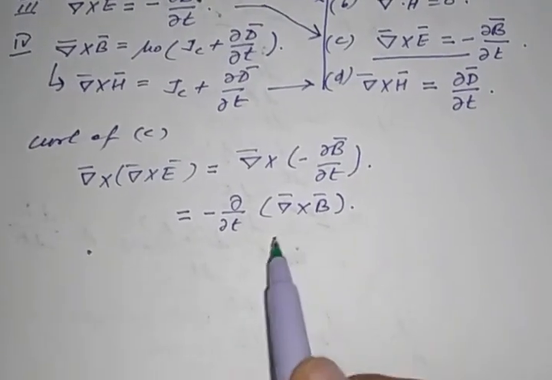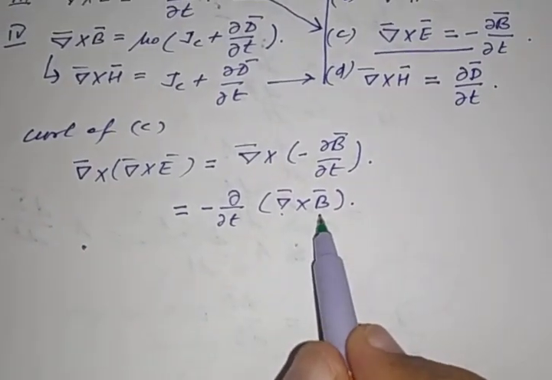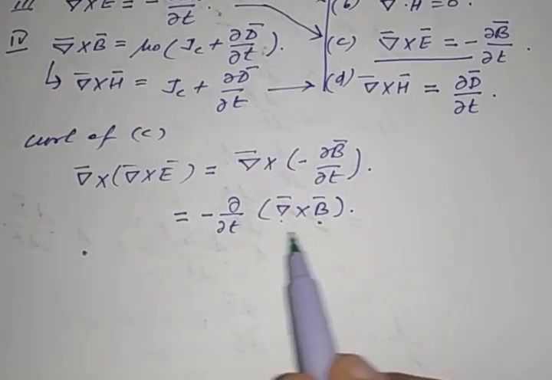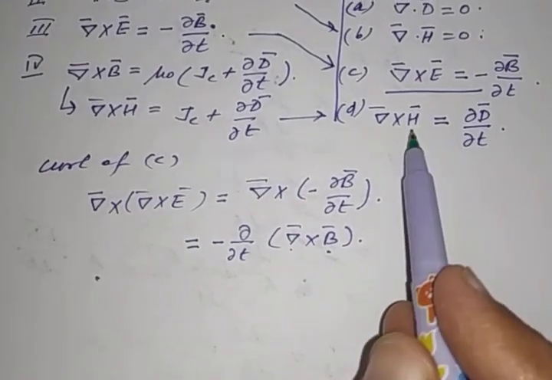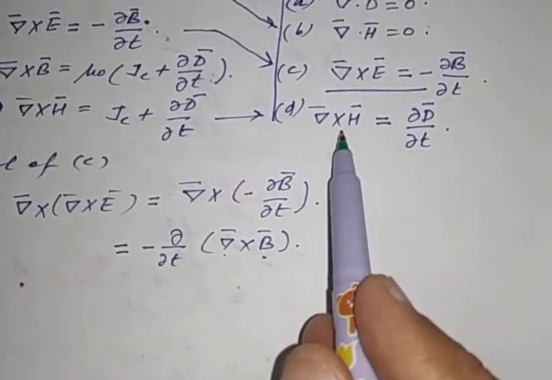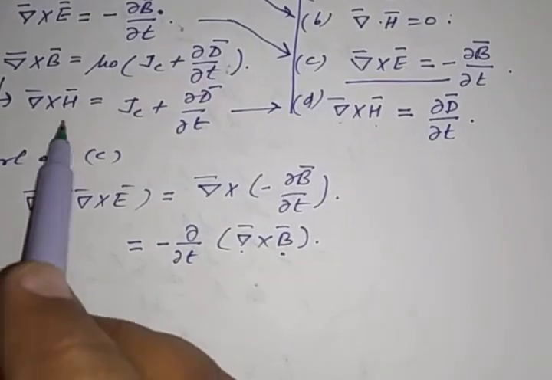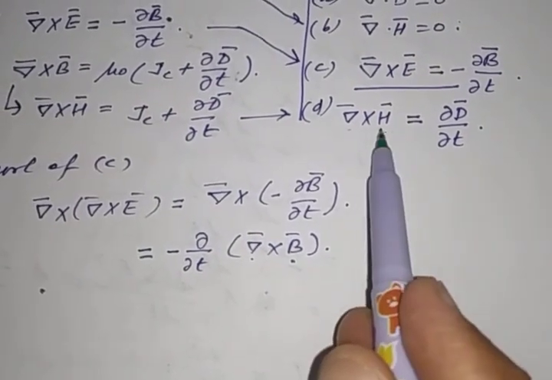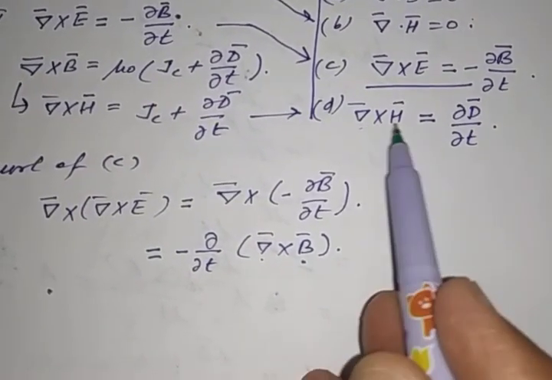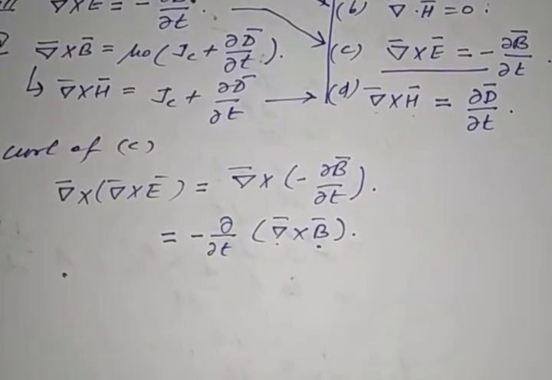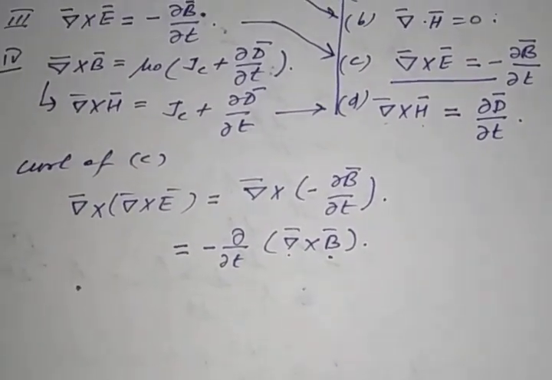This one. So we see that it's the curl of magnetic flux density B. And over here in the fourth equation, the D equation, we can easily make out the value of del cross B. So we can put this value from here.